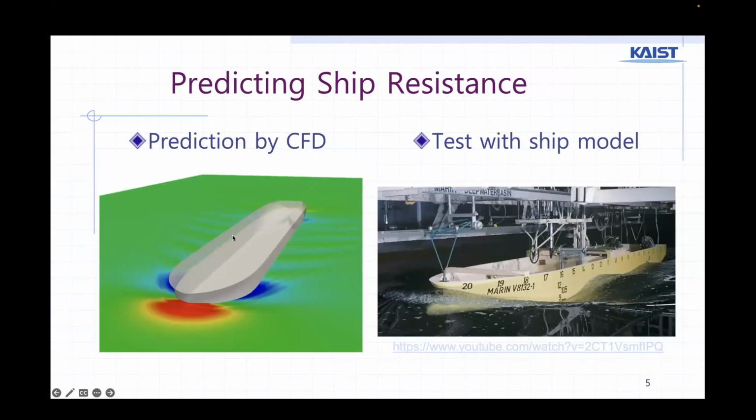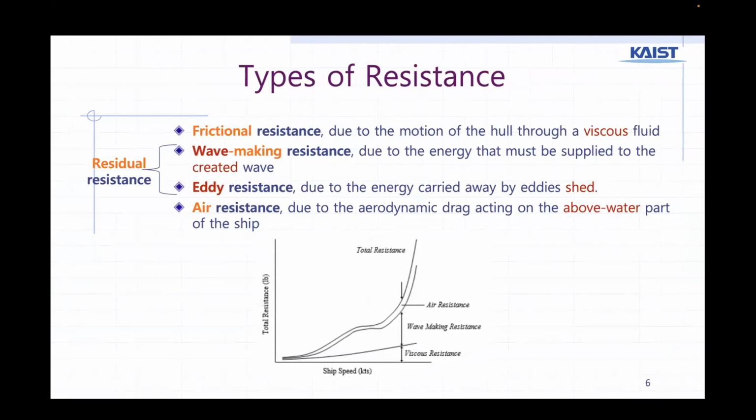As I mentioned before, the ship faces various resistive forces, from frictional resistance, which dominates at high speeds, to wave-making resistance, which becomes significant in rough seas with a lot of waves.